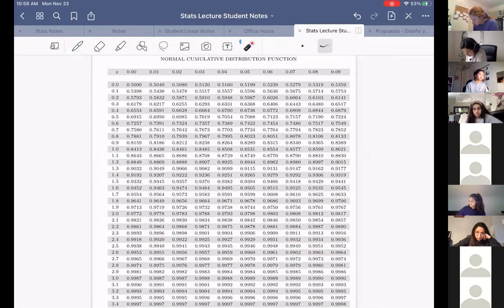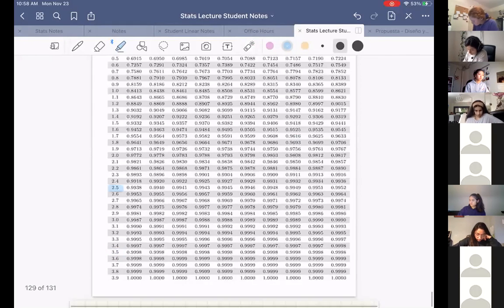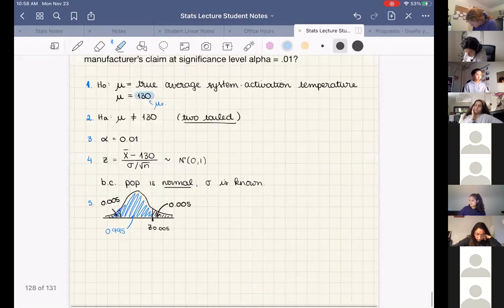That's 2.5, and the value between 2.57 and 2.58, which means this is going to be 2.575, sorry.